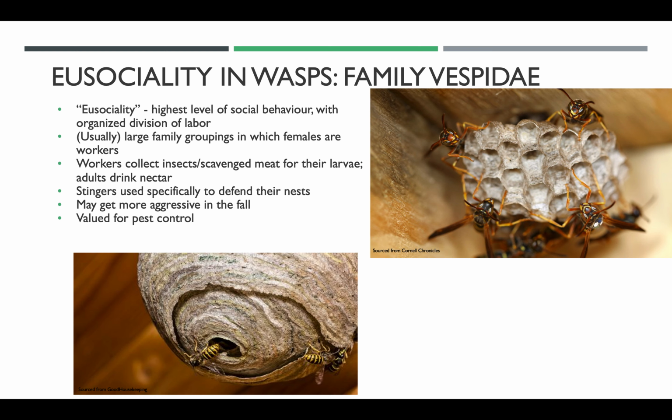Paper wasps typically have a weaker form of eusociality where there's still some fighting among wasps and between wasps and queens, whereas your hornets and your yellow jackets, which are your other eusocial wasps, are a lot more strictly organized. And it's really, really interesting just looking at the evolution of eusociality in these insects. Does anyone have any questions about vespid wasps and eusociality?